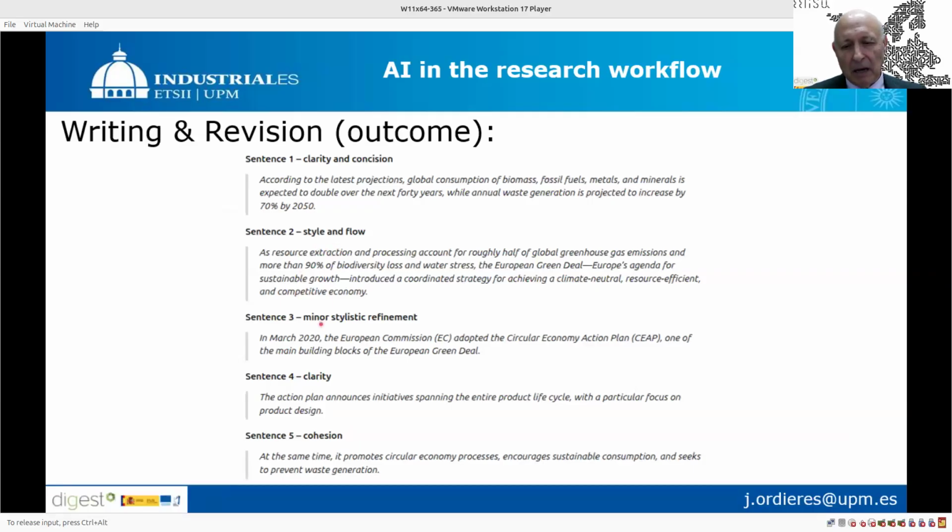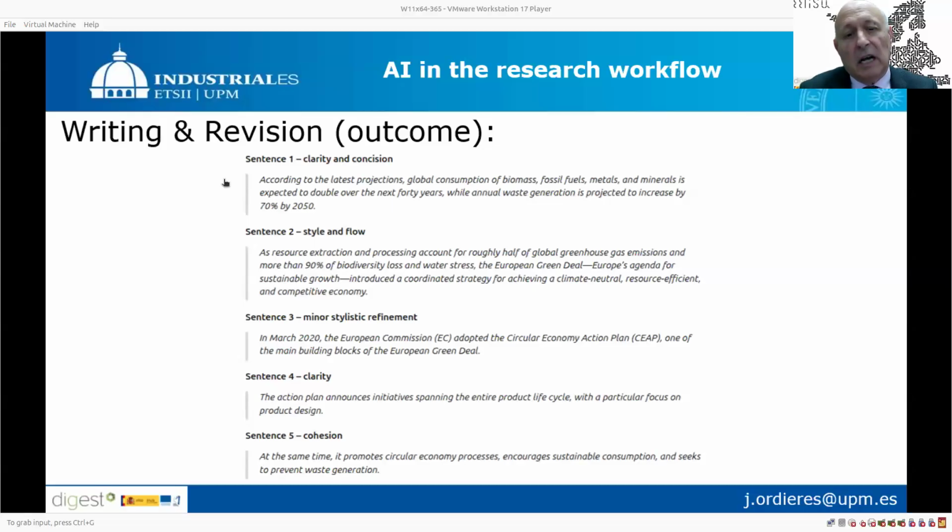For sentence 3, a minor stylistic refinement, etc. This is an example of how to use the LLM to help with the writing process.